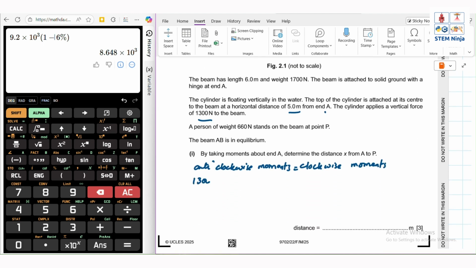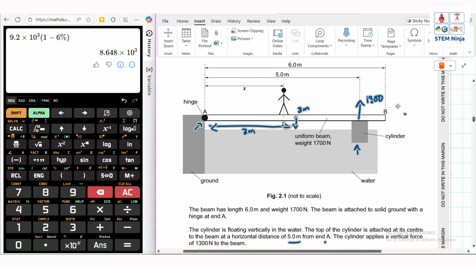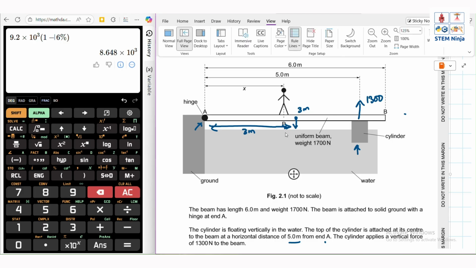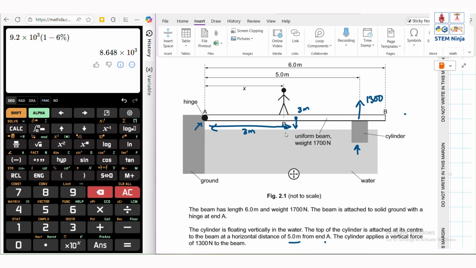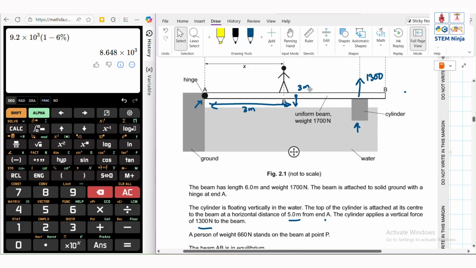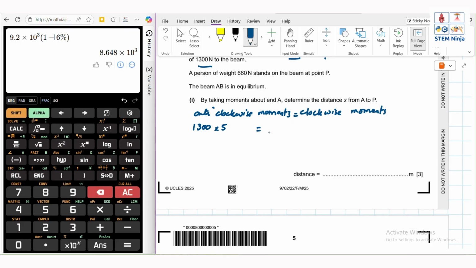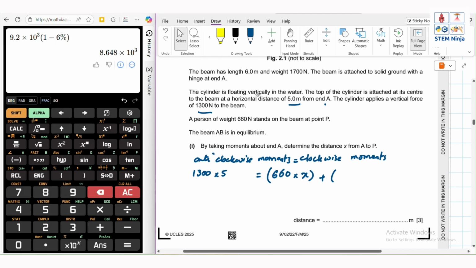Now the clockwise moments: one is the weight of the beam and the other is the weight of the person. So we have 660 at x plus 1700 at 3 meters from A.